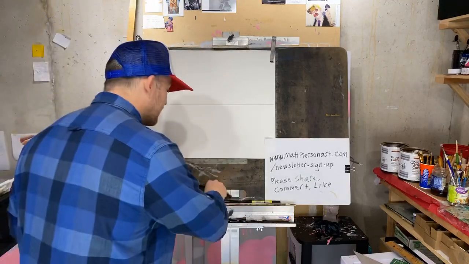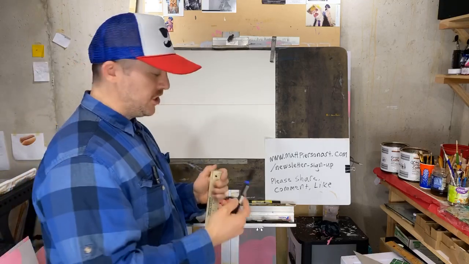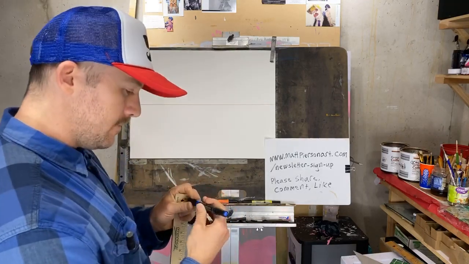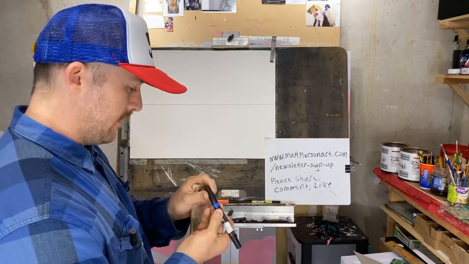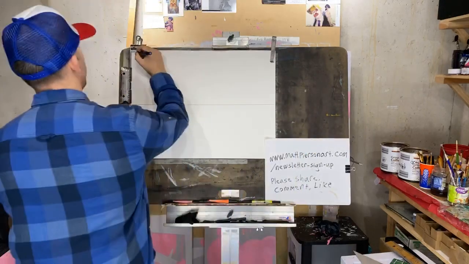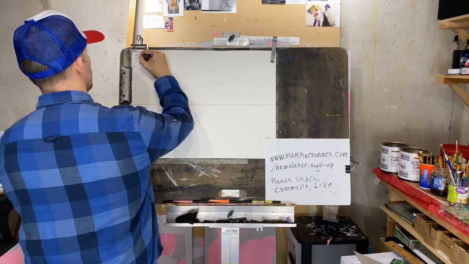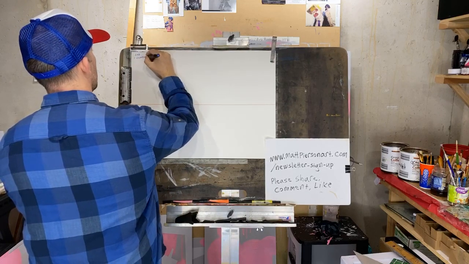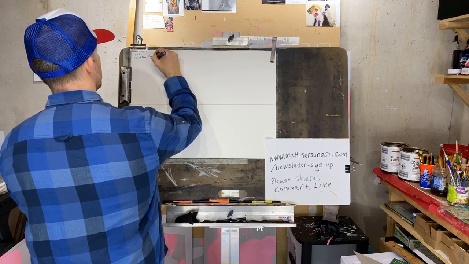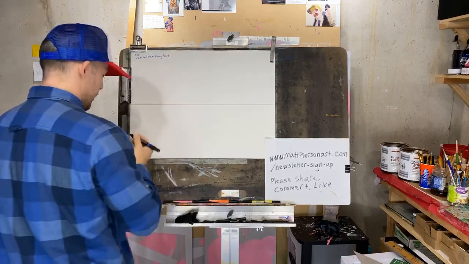And last lesson we talked about the CVP, which was the central vanishing point. So CVP equals central vanishing point, right?